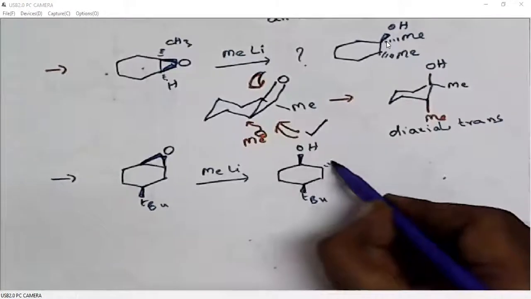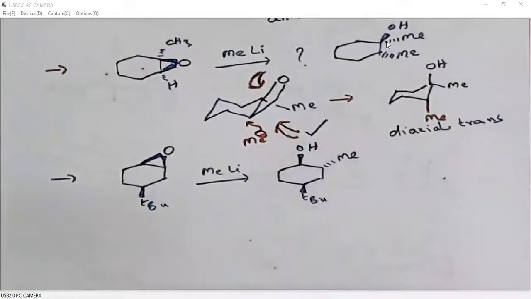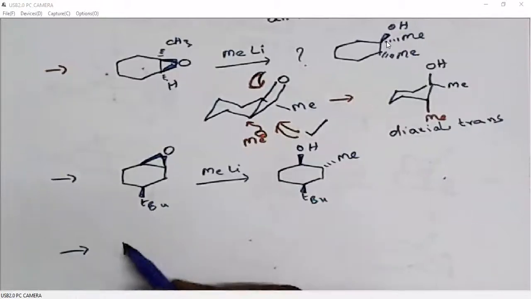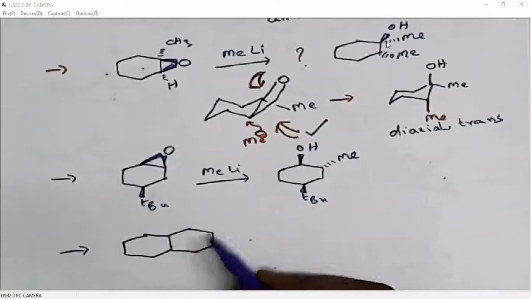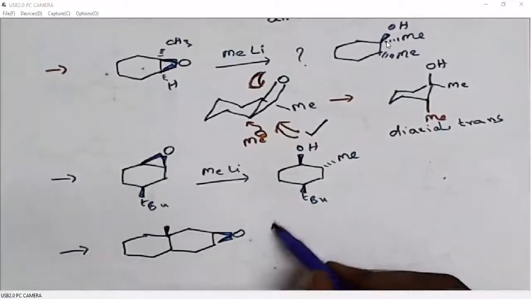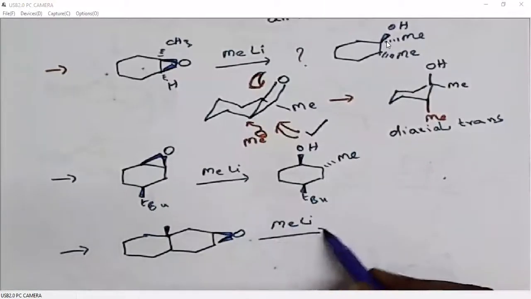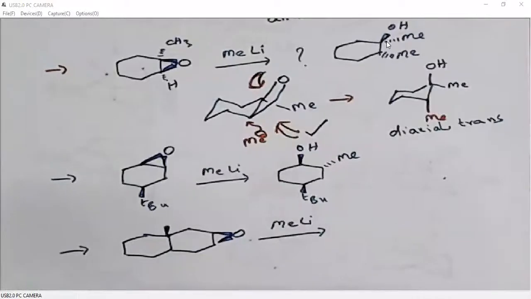Beta epoxide, methyl. It is similar to the above problem. Here also we must use the chair conformation to predict the product.